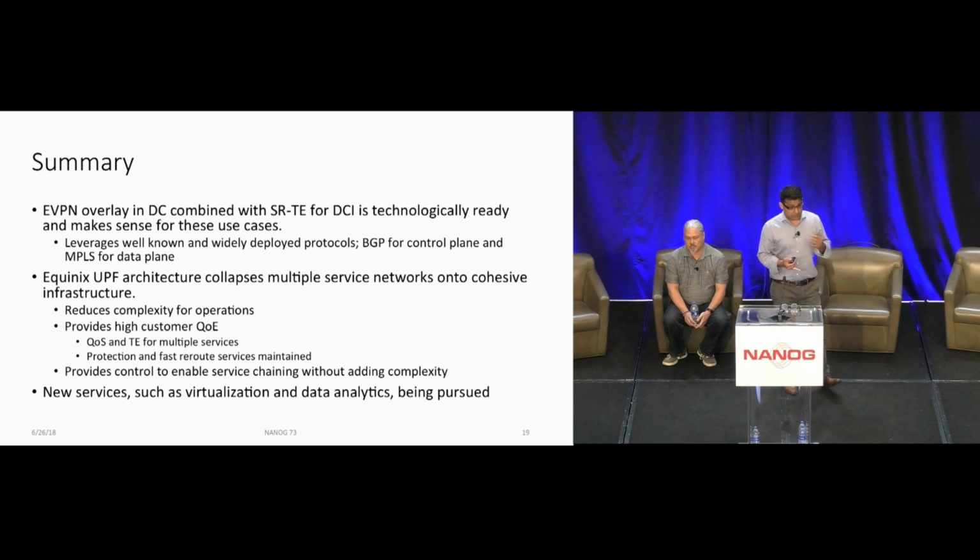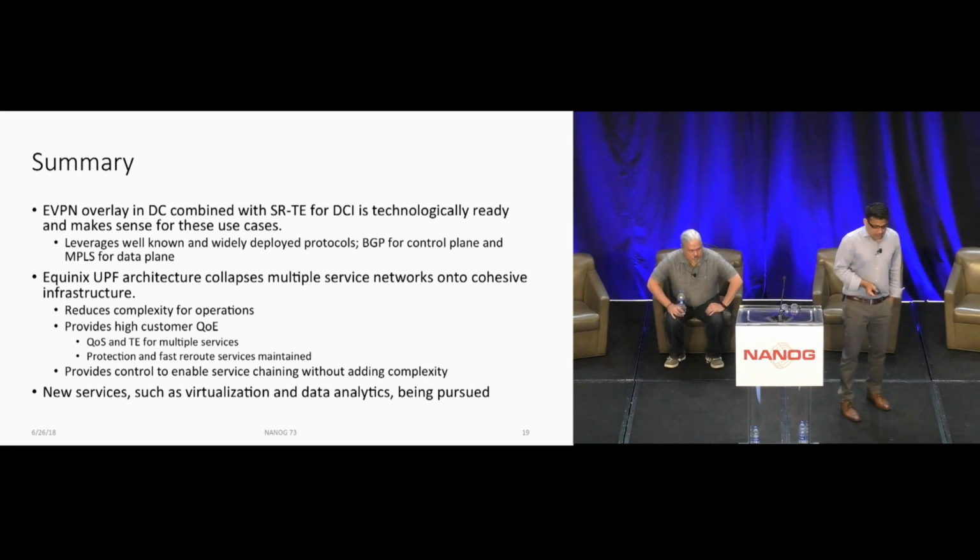QoS and TE for multiple services can be achieved with low CapEx. Protection and fast reroute services are maintained through TI-LFA. We don't have to do fast reroute separately. It provides fine-grained control over service chaining, which was a complicated function to implement in the network. And we are also trying to pursue virtualization and data analytics with segment routing.